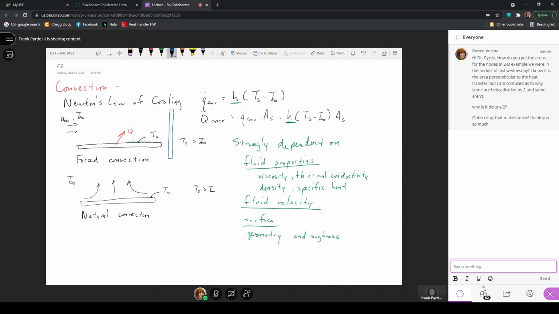So even if the temperatures of the fluid and the surface are the same, by changing the geometry, such that here the change in geometry is just the change in the orientation of that same surface to the fluid flow, I'll get a different value for the heat transfer coefficient.